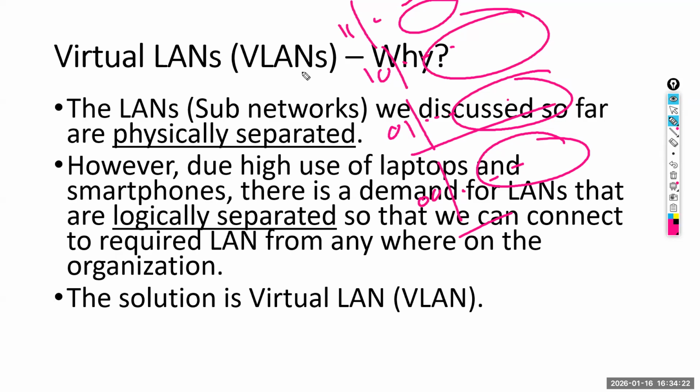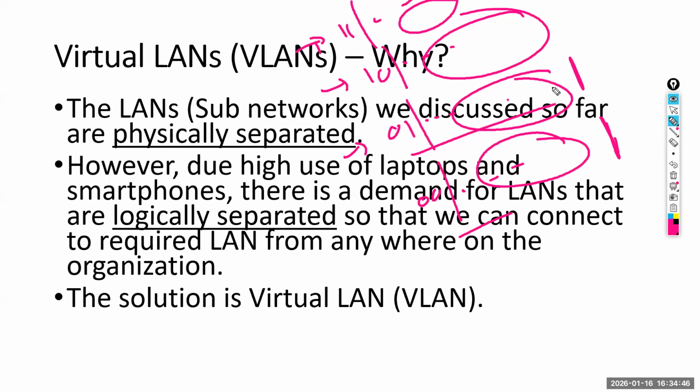The disadvantage of this approach is, say these are allocated to different departments. Finance department employees get IP from this range, marketing department gets IP from this range, and so on. That is okay when you have desktop machines, because a desktop machine in a finance department is going to stay there.